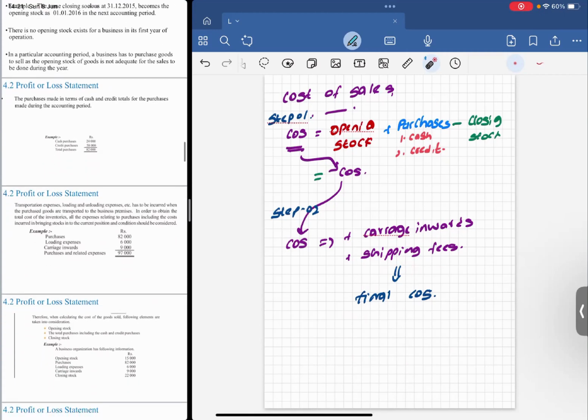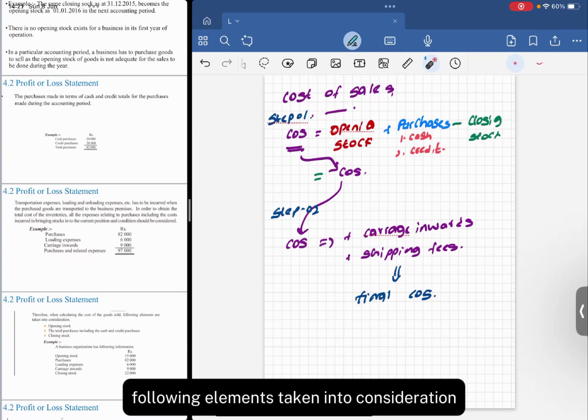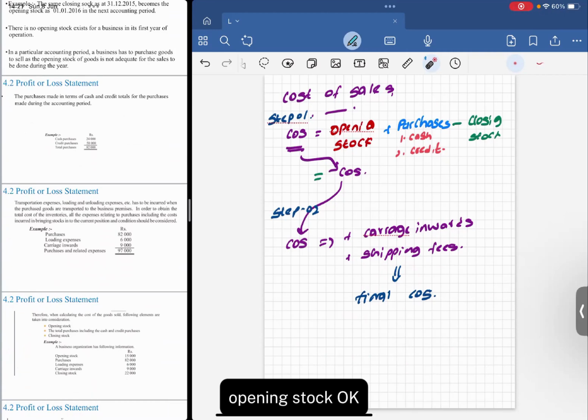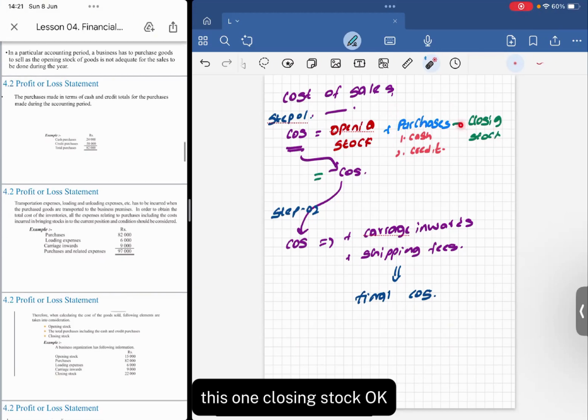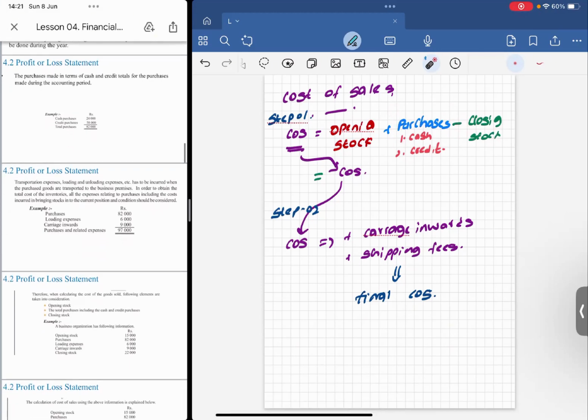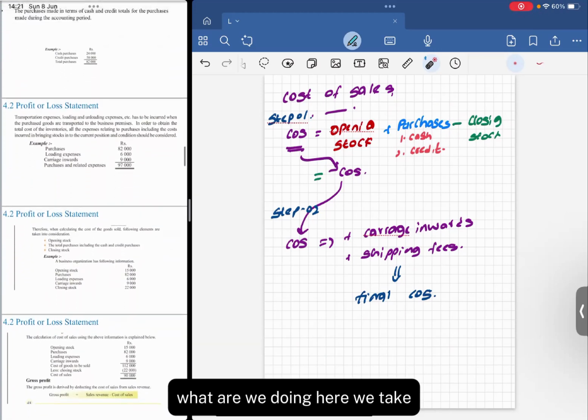Therefore, when calculating the cost of goods sold, the following elements are taken into consideration: opening stock, the total purchases including cash and credit purchases, and closing stock. What are we doing here?